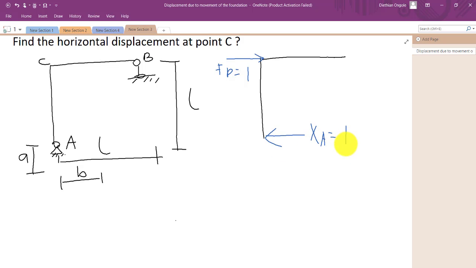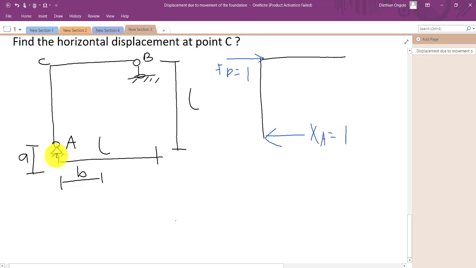Now these two forces, the Fp and then the XA of 1, will be forming a couple that tends to make the system turn in the clockwise direction. Therefore, I can use this idea to directly deduce the magnitude of the forces that are acting at point A and point B, since the dimensions are the same.